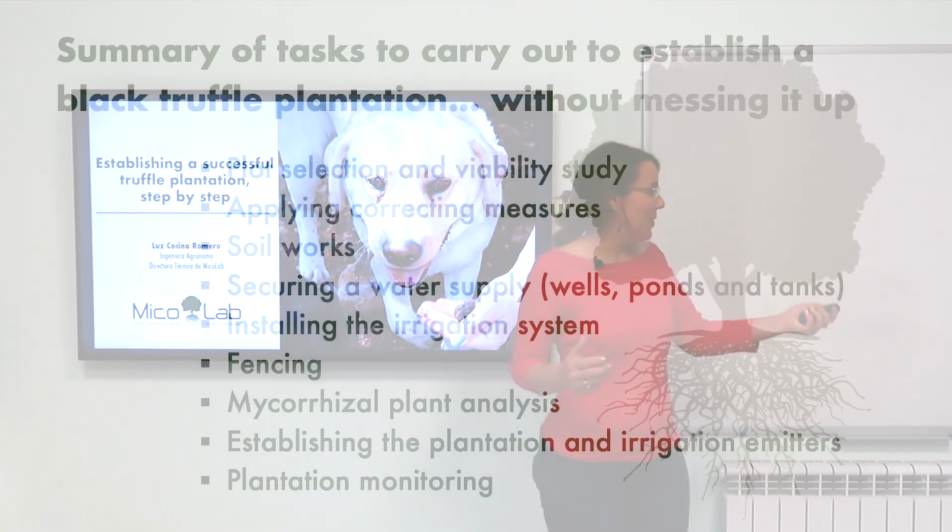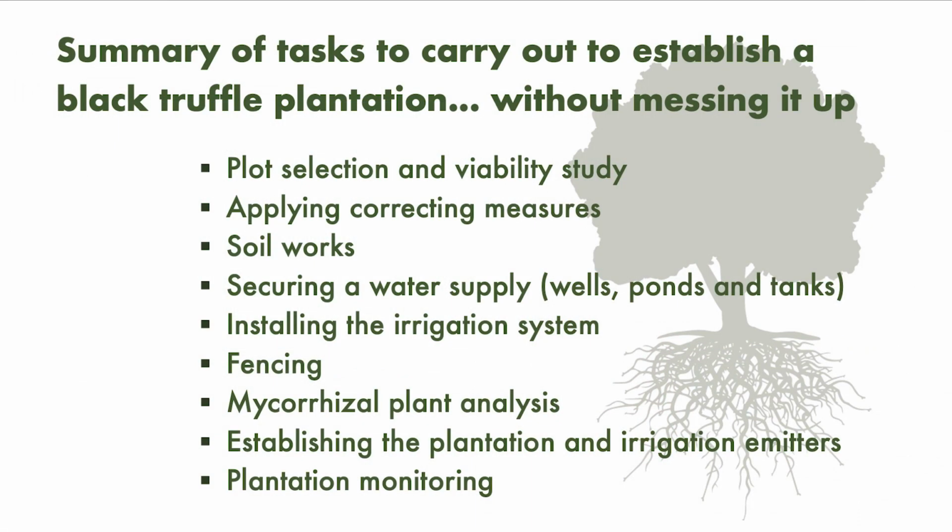Okay, so what I'm going to show you a little bit is basic steps to try to not mess up too much, you know. Plot selection, the things you're going to have to do is a plot selection. You're going to apply several measures in order to get the plot ready for sure.